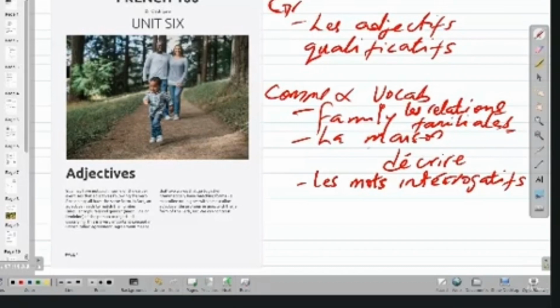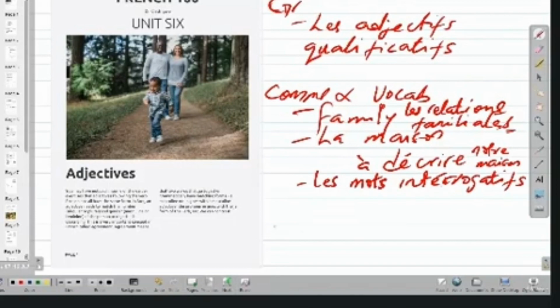Nous allons apprendre à décrire notre maison. Nous allons apprendre les mots interrogatifs. We're going to learn family relationships, how to describe our homes, and interrogative words.